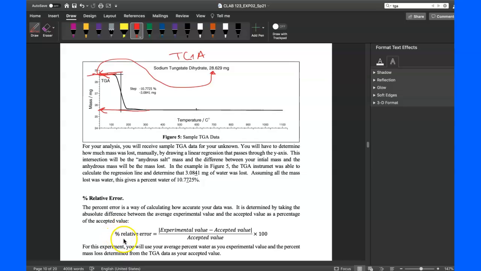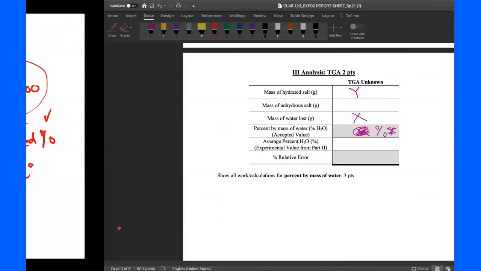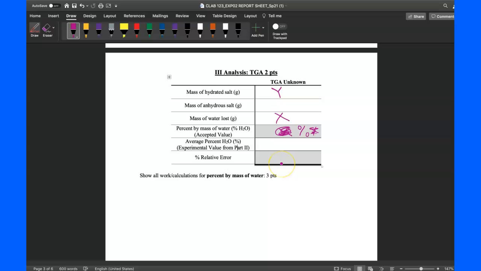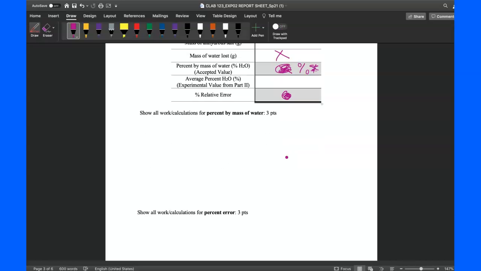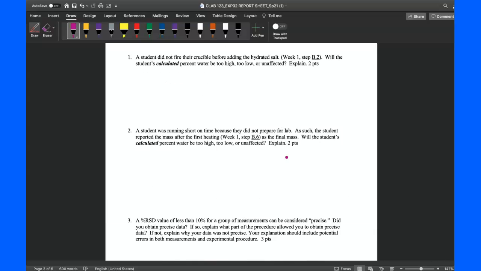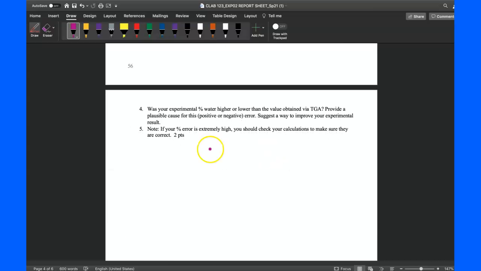That's how you get the percentage relative error that goes on here. So I've shown you how to find those numbers. So you should be able to answer question 4 right now. Disregard this, this is not a number.